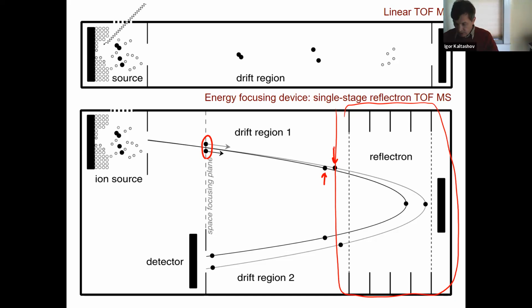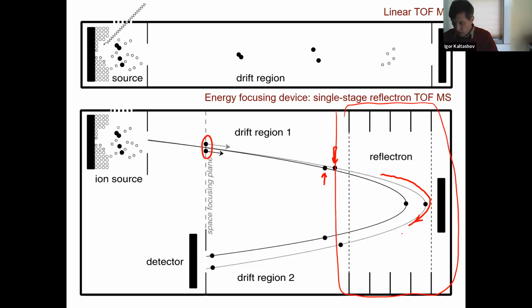But this guy shown in the top, because it has higher energy, it would be able to penetrate our electrostatic mirror a little further, right? So it will also make a U-turn, but it's going to take extra time for it to do that, just because it has this extra energy.